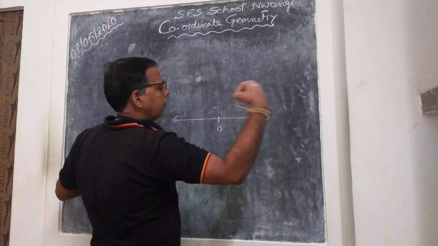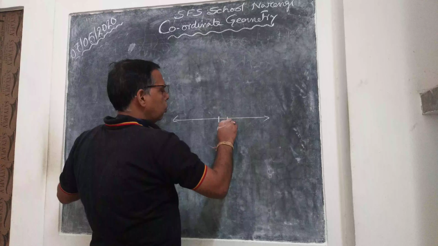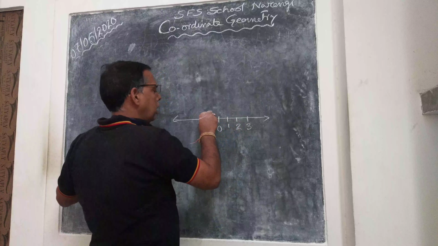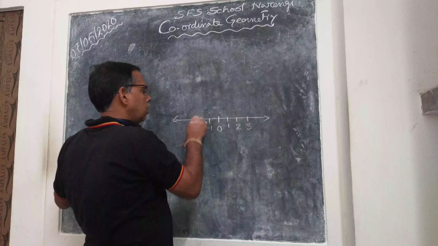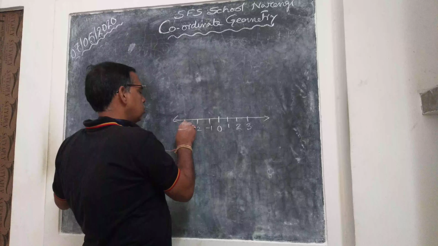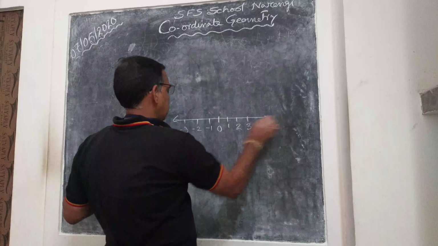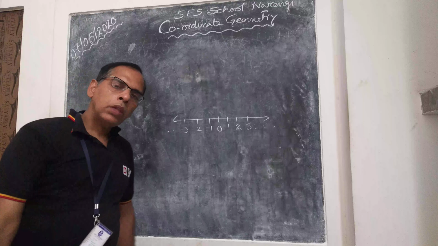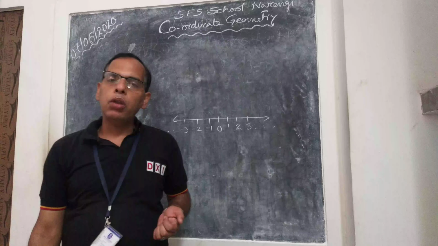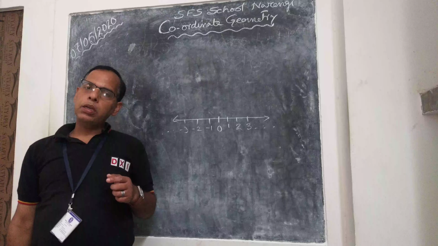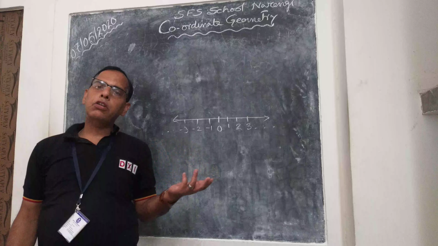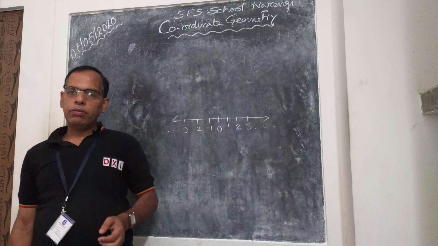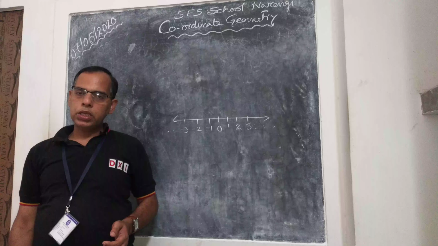Right side of the 0 is 1, 2, 3, and the left side of the 0 is minus 1, minus 2, minus 3, and so on. Now, if I ask you the position of 1, what will you say? Position of 1 is right of 0.